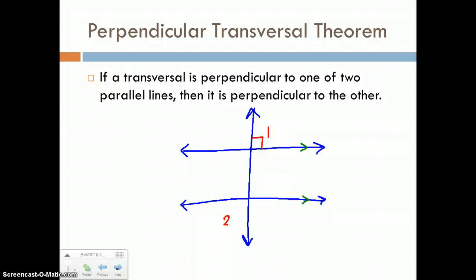So those are alternate exterior angles. Since the lines are parallel, alternate exterior angles are congruent. If they're congruent, that means they both have to be 90. So this would have to be a right angle as well. Well, if that's a right angle, then the transversal is also perpendicular to the bottom line. So basically, if the transversal forms one right angle, all the angles are going to be right angles because it's going to be perpendicular to both lines.